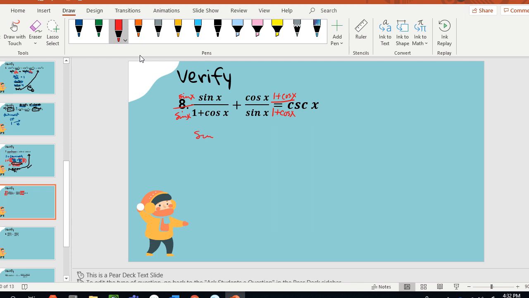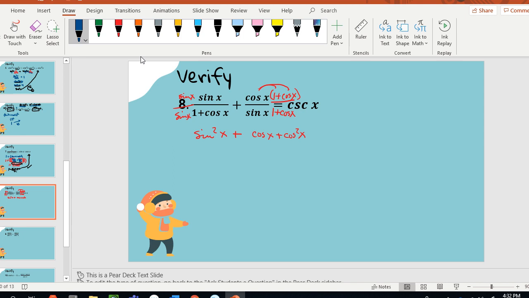And this gives me sine squared x plus, okay, I'm going to distribute cosine all the way through here. So I get cosine, whoops, not a squared, my bad, cosine x plus cosine squared x.